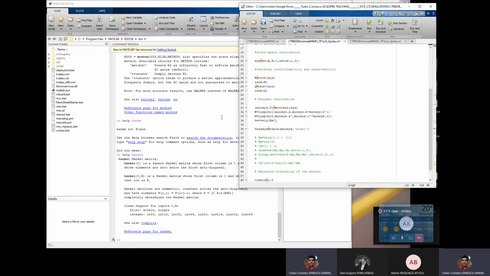And now I have W and M. And the Hankel singular values are the eigenvalues of the product W and M.